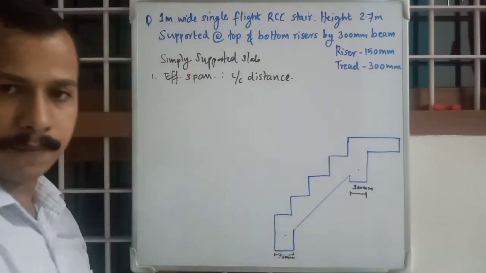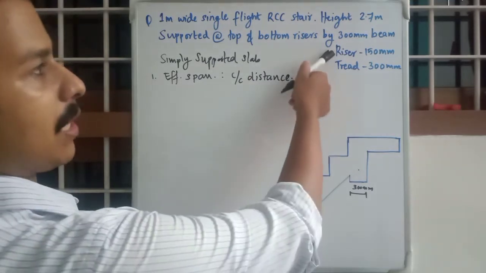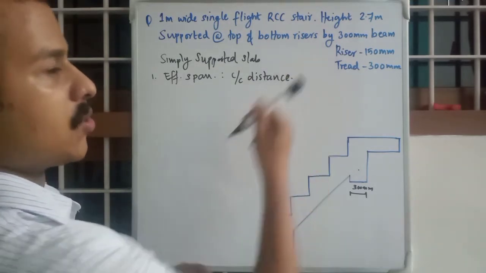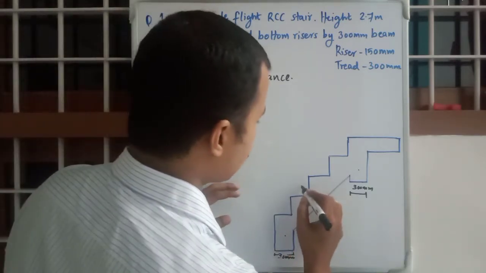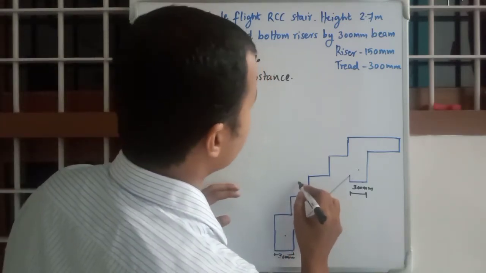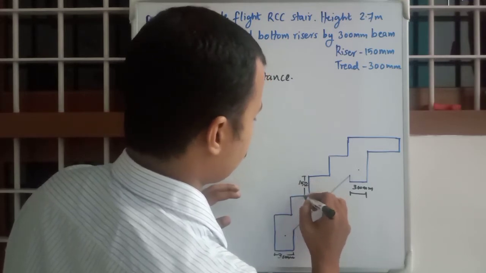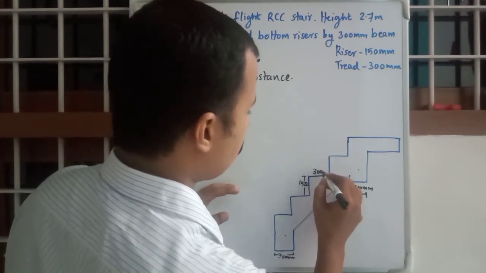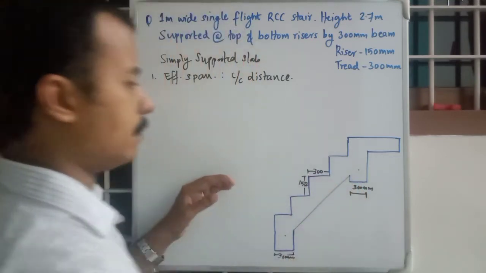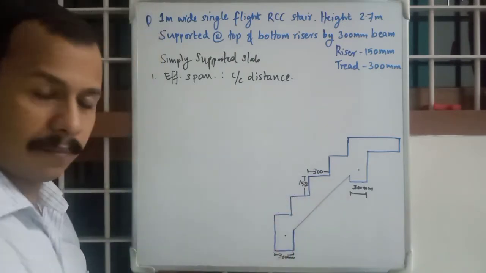We want to calculate how many risers and how many threads are involved. As you know, riser is this, that is 150 mm, and this is thread, 300 mm.